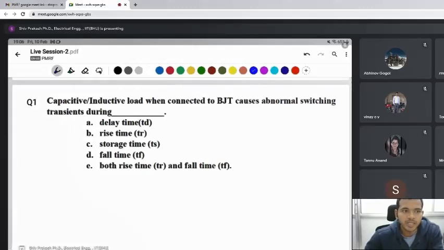That is the switching transient on an inductive load, and in the fall time the voltage changes, that is the capacitive load. It means both rise and fall time switching occurs when an inductive or capacitive load is present. Then option E is correct for both rise time and fall time because of the inductive and capacitive load. In both conditions, the voltage and current will change. This option is correct.